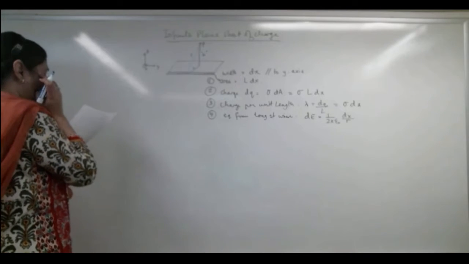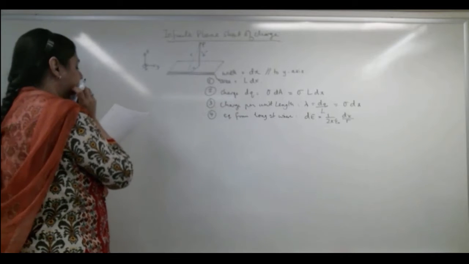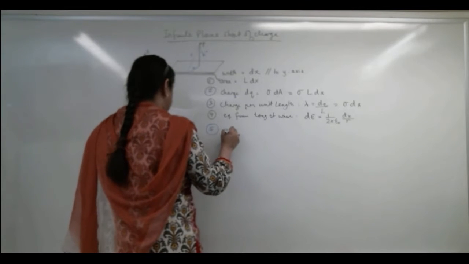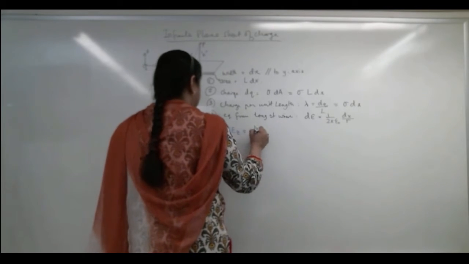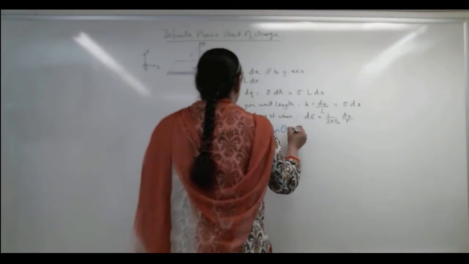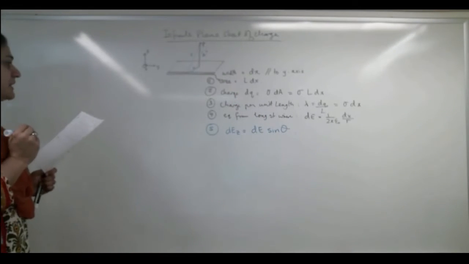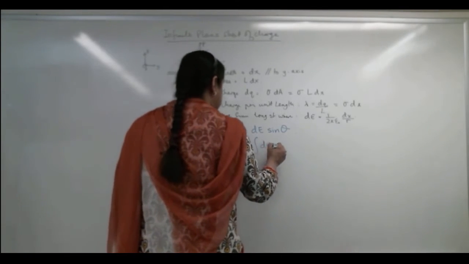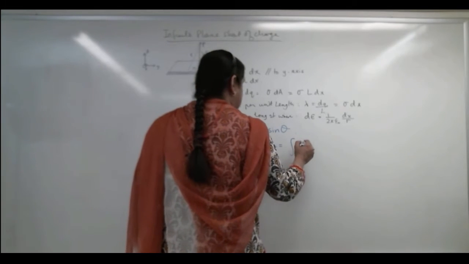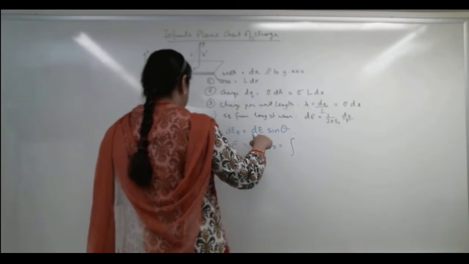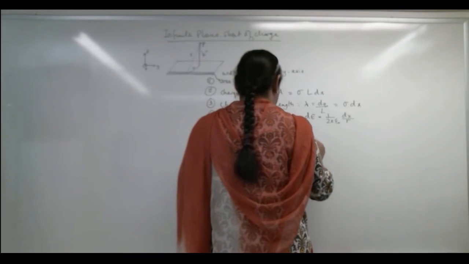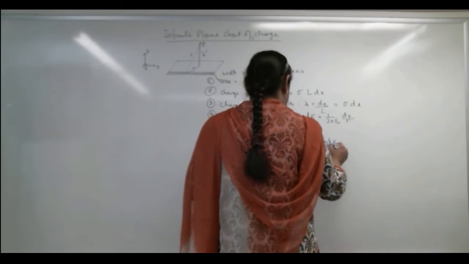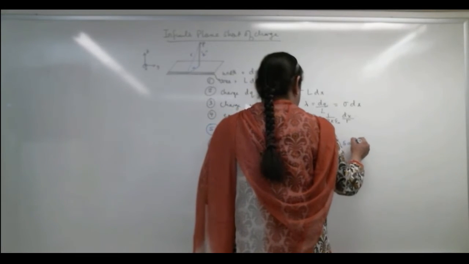The separation. So we can use symmetry arguments to note that the only contribution is going to be from dEz. So number 5, the only contribution will be from dEz, which is going to be that. So the total E is going to be the integration of dEz, which is going to be, when I plug this value in here, sigma over 2 pi epsilon naught dx over r sine theta.